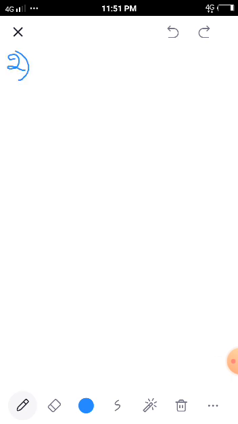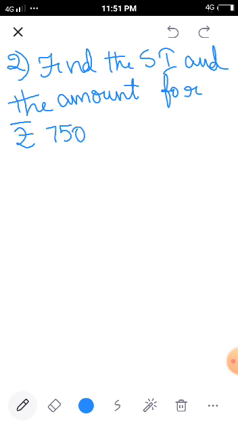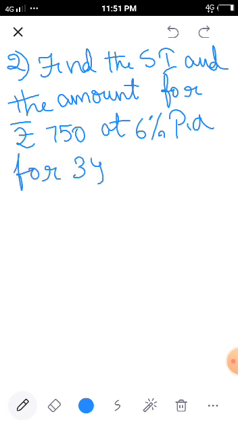Now the second example. Find the SI and the amount for 750 rupees at 6 percentage per annum for 3 years 4 months.